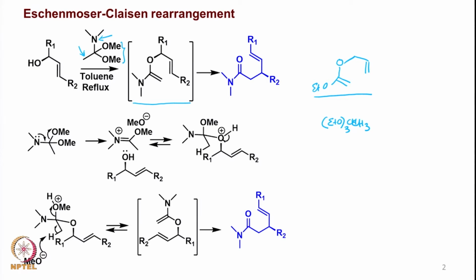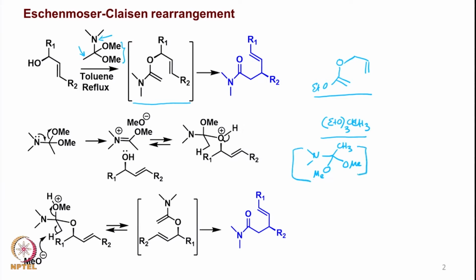So it is more or less the same as this, except that we have nitrogen here, and of course a methyl group is there as expected, and you have two methoxy groups instead of two ethoxy. It does not really matter whether it is two methoxy or two ethoxy.